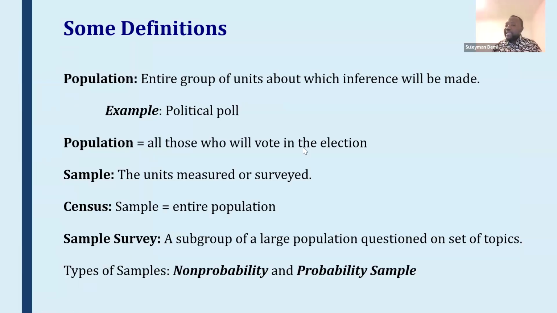But for practical, logistic, and financial reasons, it's not usually possible. Therefore, you have to select a sample out of the population. So now let's begin with some terminologies associated with sampling.